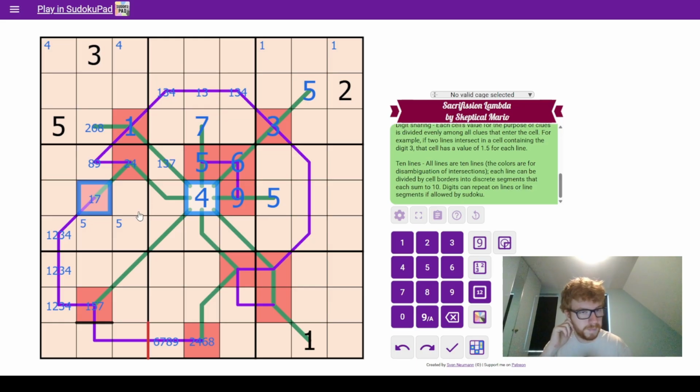Let's see. I have to get my bearings for a second, just to get back. This half needs another half, and it's not getting it from there, so it must get it from there. So this is an uneven digit. It's not 9.